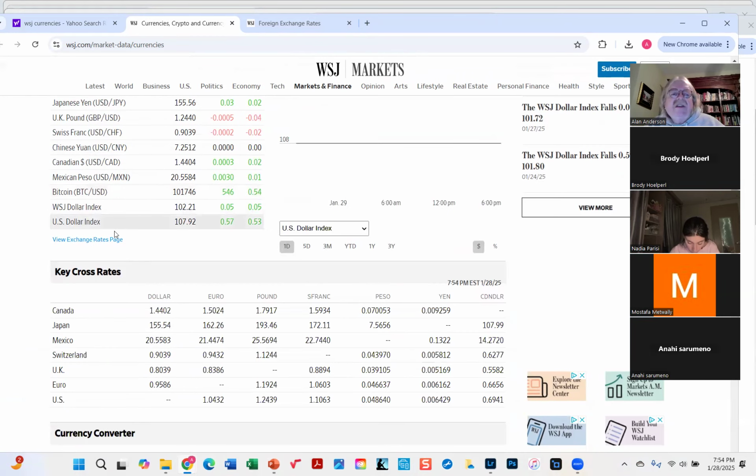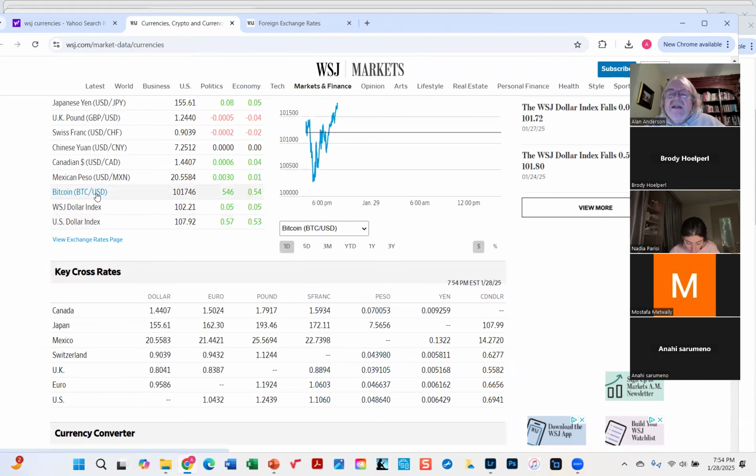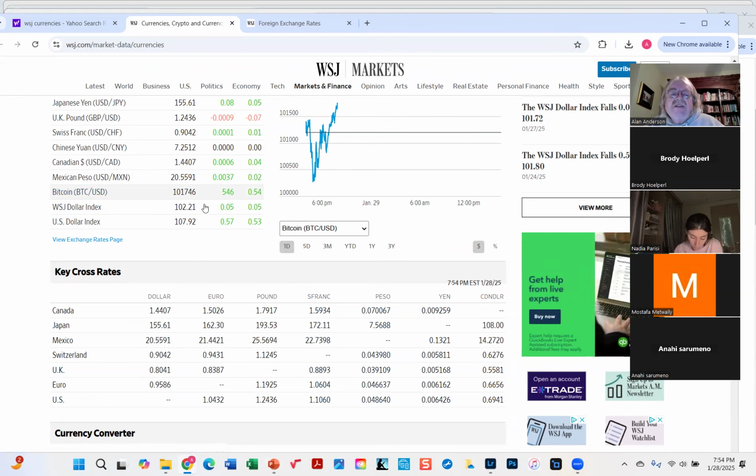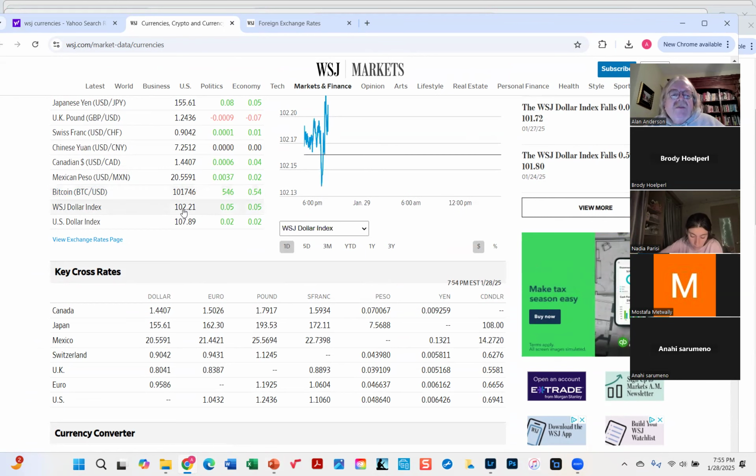And if you're interested in this kind of thing, if you notice the Bitcoin, it's listed here as an exchange rate. So many Bitcoins, or actually in this case, it's so many dollars per Bitcoin. And you notice it's over $100,000. Oh my God. Now, there's also these special indices. The Wall Street Journal has its own dollar index.